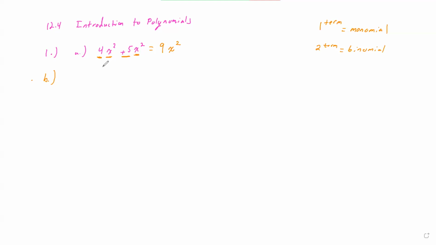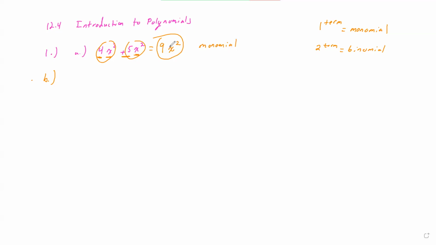Terms are separated by pluses and minuses. So this one I have 1, 2. So it started as a binomial, but after I simplified it, it became a 1 term. So this right here is a monomial.